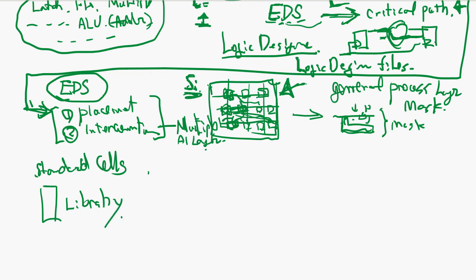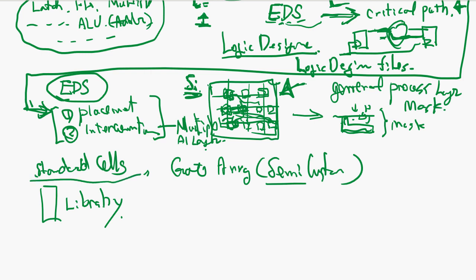There is another process called the gate array. This is semi-custom. Why is this semi-custom? Well, standard cell is full custom. You use all the library components and put them as needed anywhere you want, and create a brand new silicon chip. The semi-custom is a gate array.